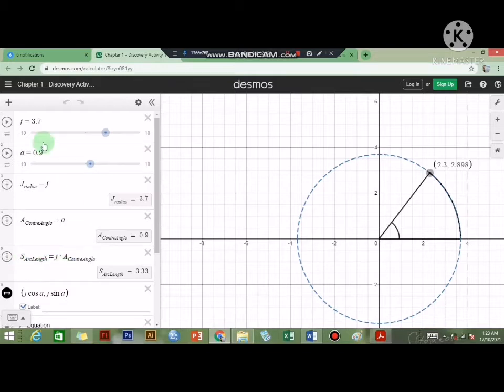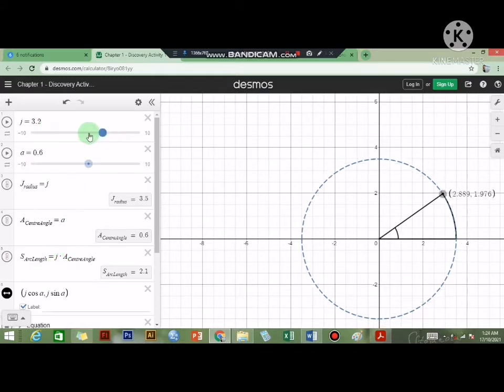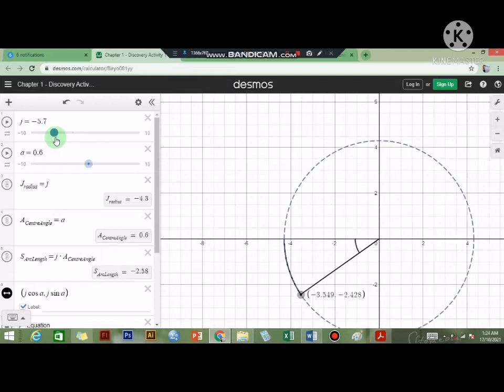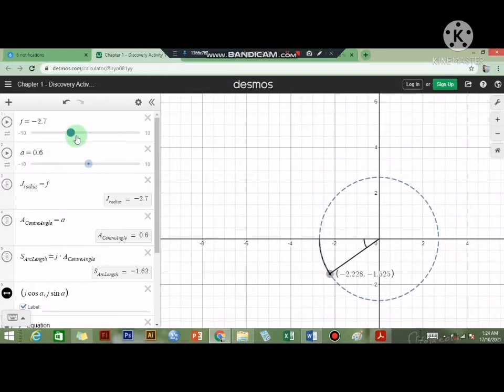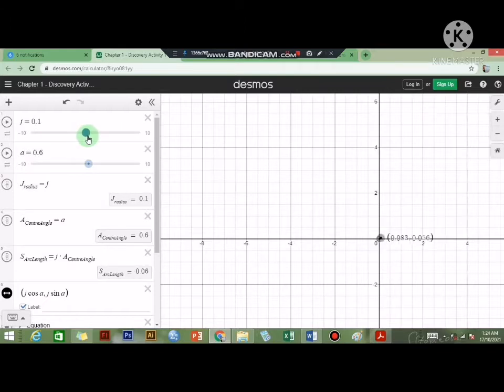Now we need to drag the value of A so that the radius and the arc S are equal. For example, let's fix the value of the radius, R is equal to 2. Okay, R is equal to 2 already.